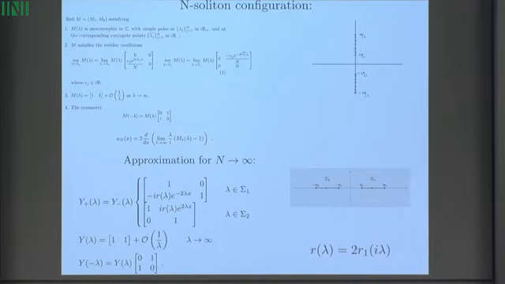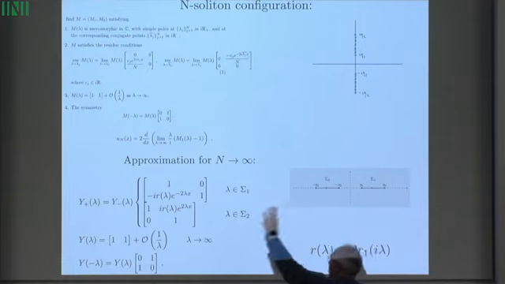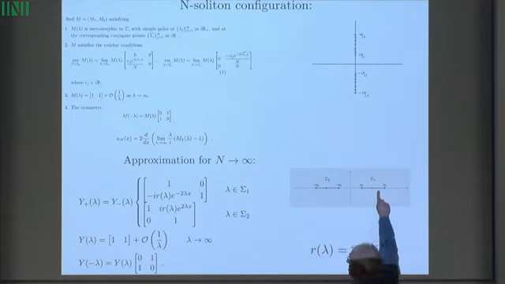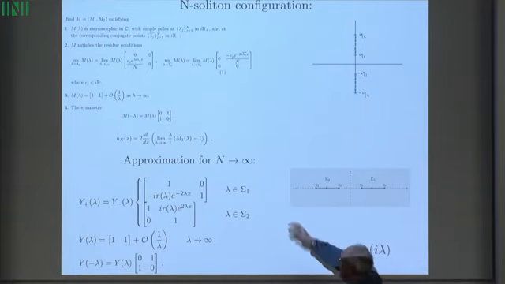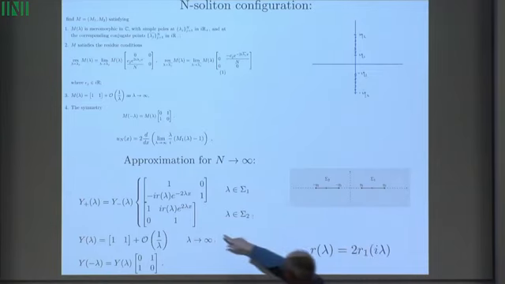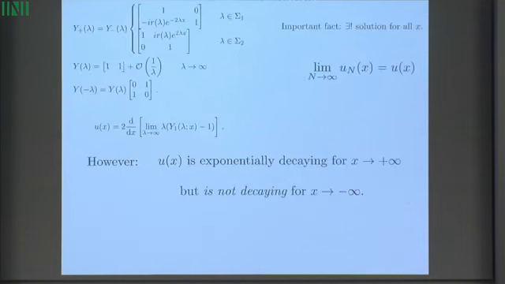The jump relationship is given as described here on the contour sigma 1, which is this contour. The jump looks like that. On the contour sigma 2, the jump has this form, and the function r is related to r1 by that rescaling.